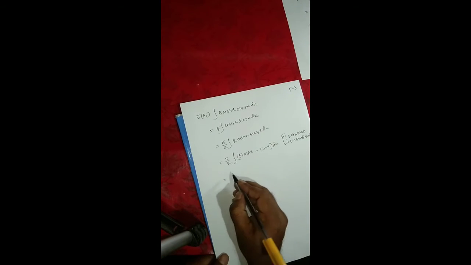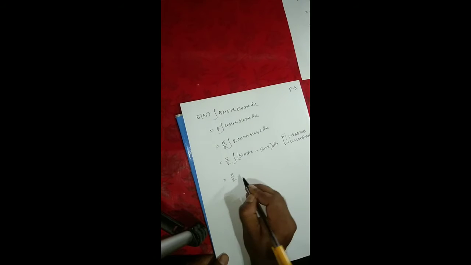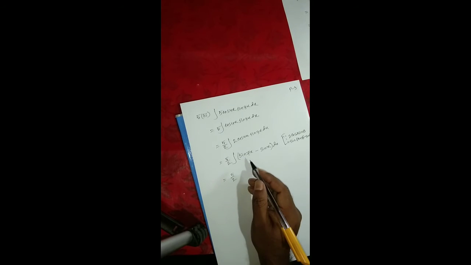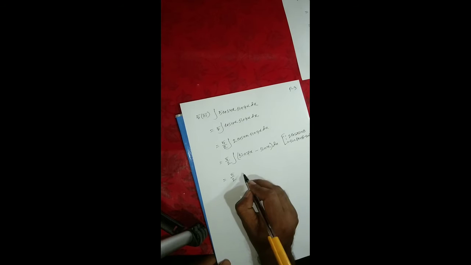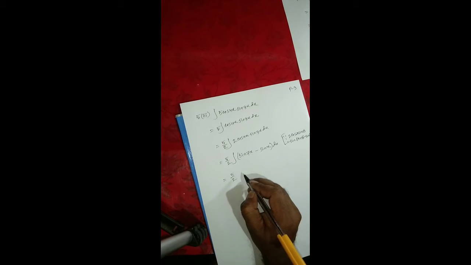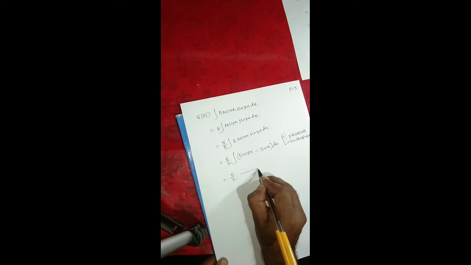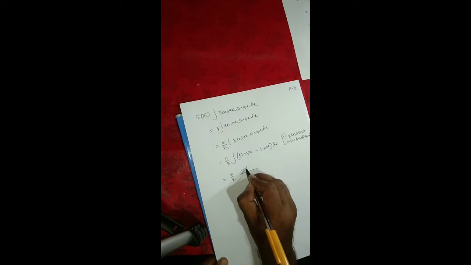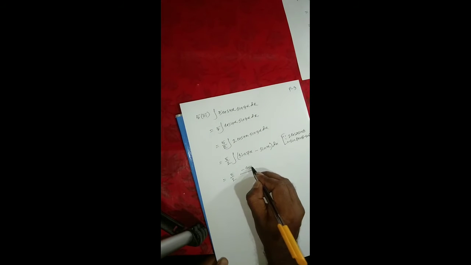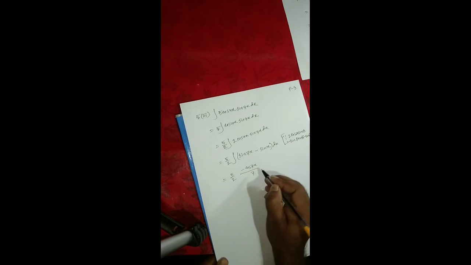Now 5/2 integration of sin 7x, and its formula is minus cos x by a. Now give minus cos 7x by 7.